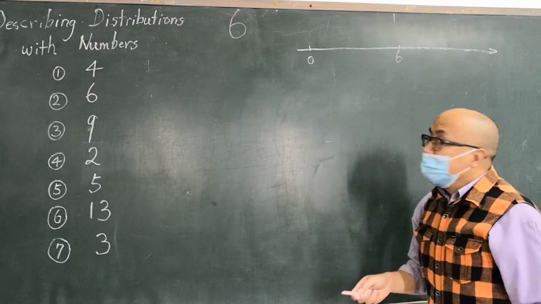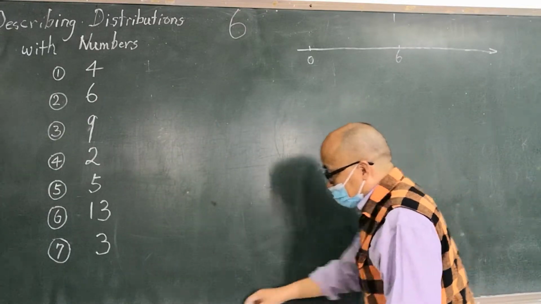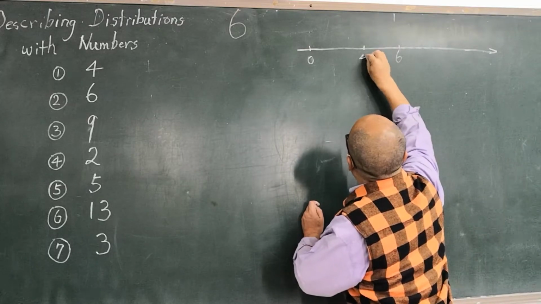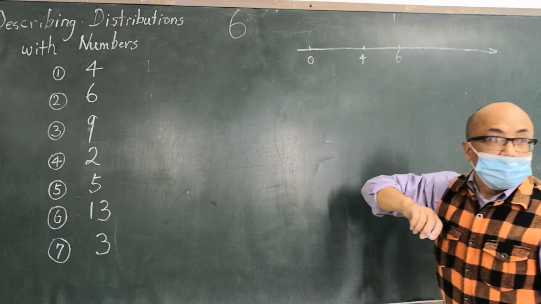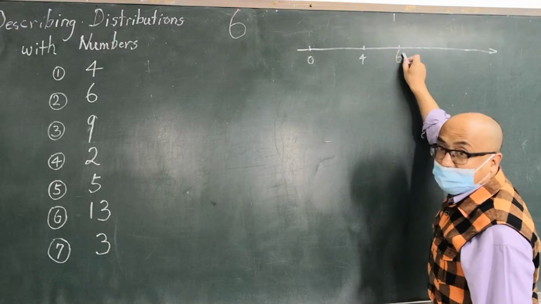Okay. The first number is 4. We calculate the distance from this number to that.